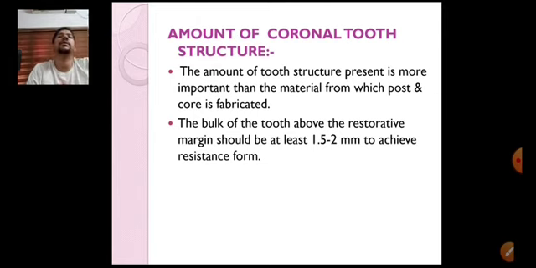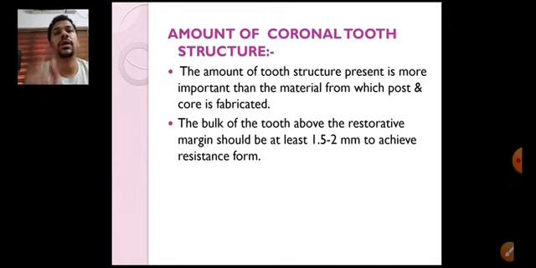Now, the amount of coronal tooth structure is another criterion to select whether to do post and core or leave the tooth just like that. The previous point was about deciding between prefabricated and custom made post. The amount of coronal tooth structure decides whether to attempt post and core or not.